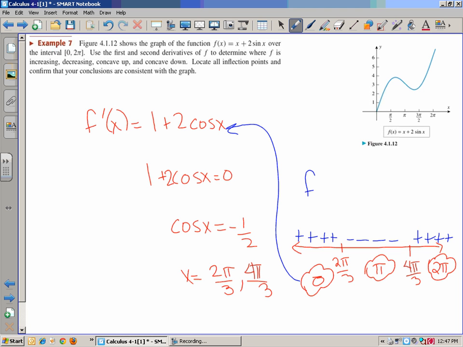So f is increasing from negative infinity to 2 pi over 3, and from 4 pi over 3 to infinity here. And because I think I'm given bounds, I need to change my infinities. So that needs to be 0, and this needs to be 2 pi.